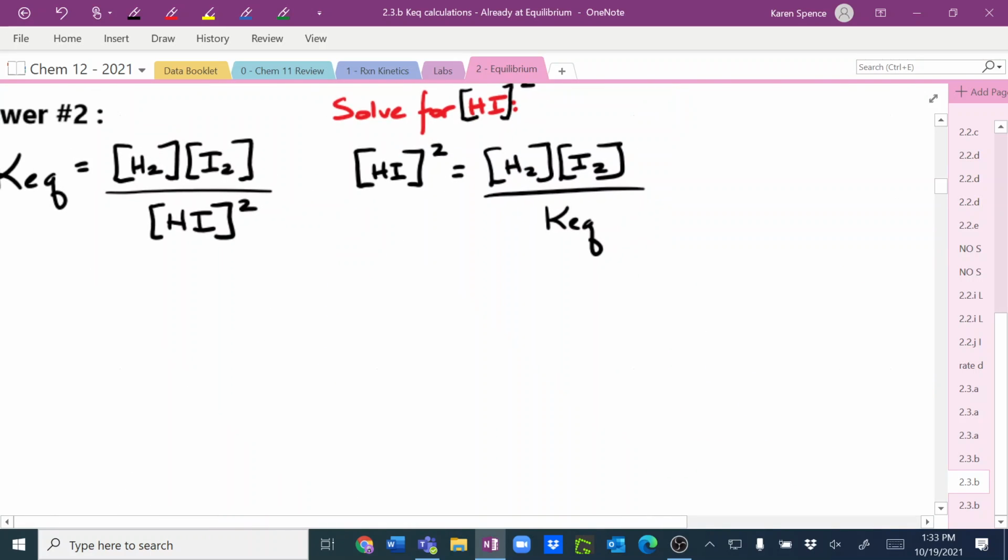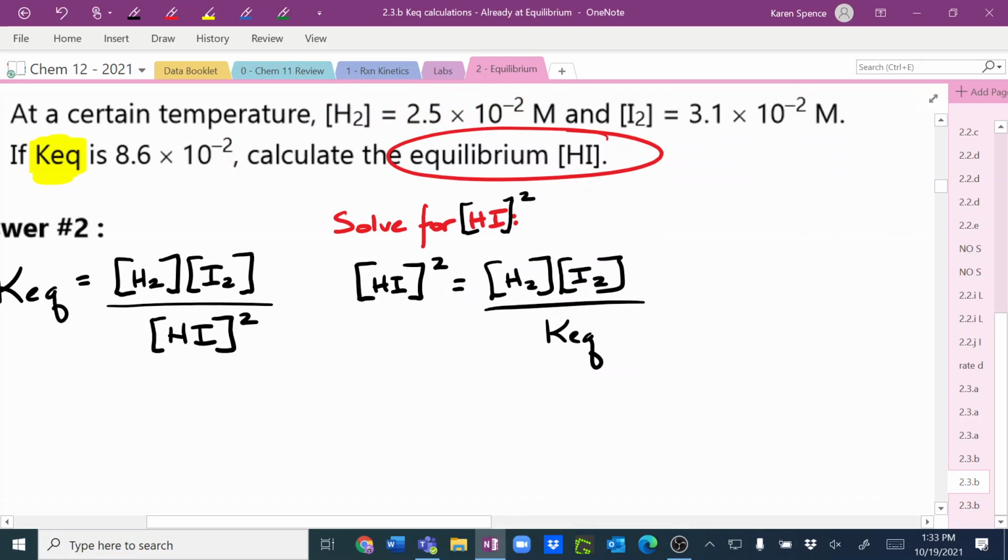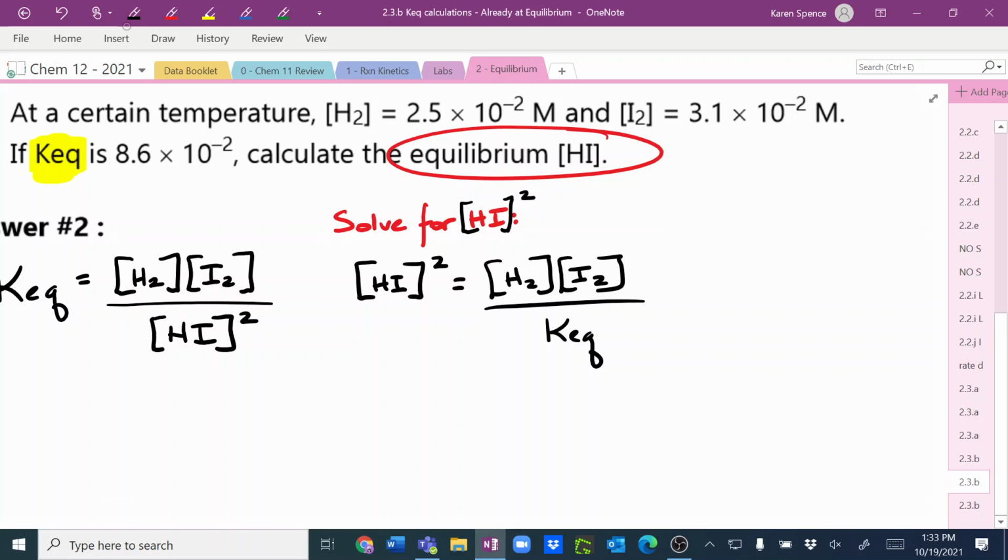So once we have that, now we can just start plugging in numbers. So we have, let's see, my H2, I have 2.5 times 10 to the minus 2, and I don't need to write molar, but I do need to put it in what kind of brackets? Round brackets.